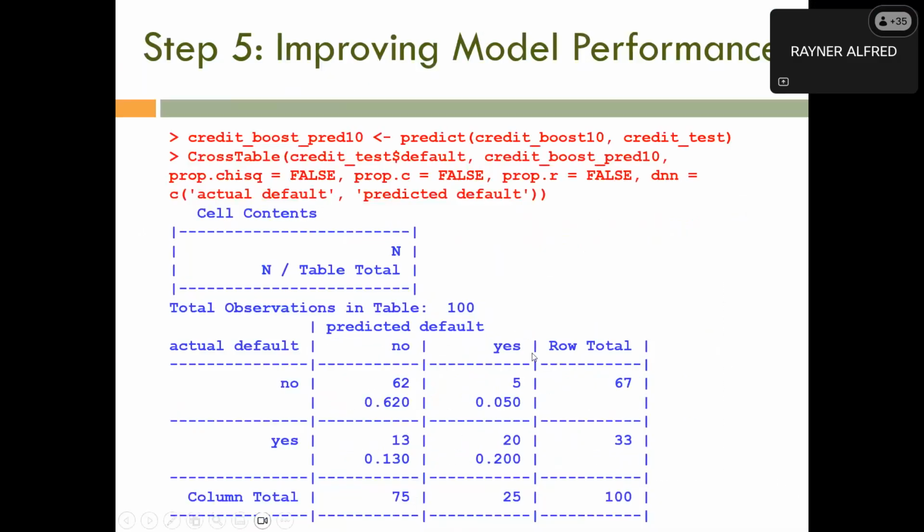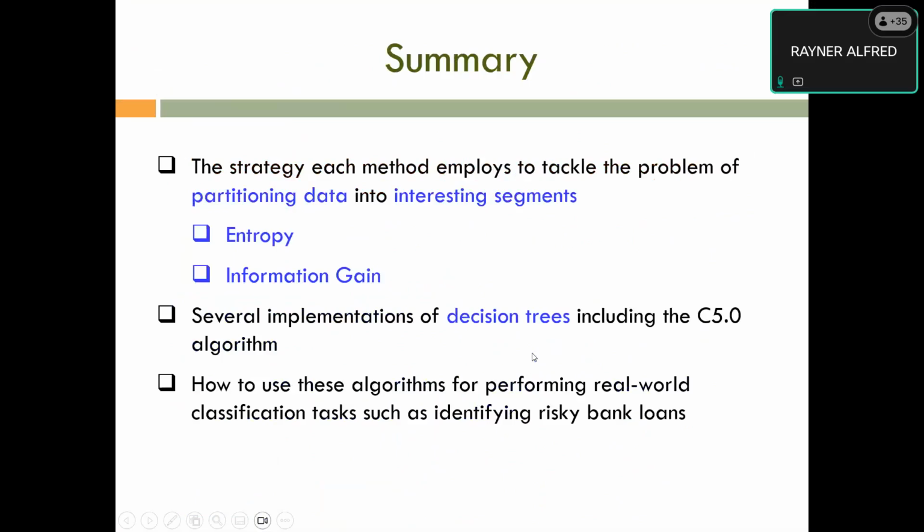Okay. So in summary, this is the strategy each method employs to tackle the problem of partitioning data into interesting segments. We first count the entropy and then compute the information gain.